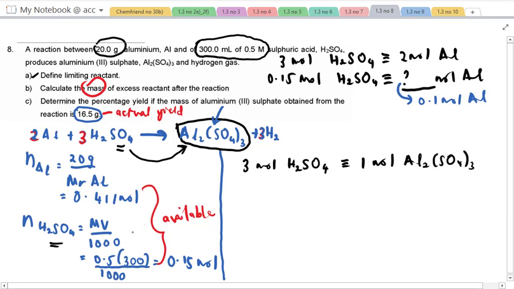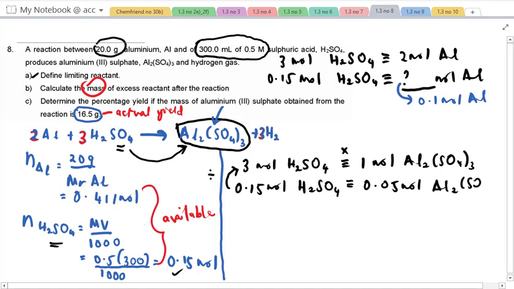Since what is provided is 0.15 available, therefore if we have 0.15 mole of sulfuric acid, it will produce 0.15 divided by 3 times 1. So the answer here, mole of aluminium sulfate, is 0.05 mole of aluminium sulfate. That's only the mole.